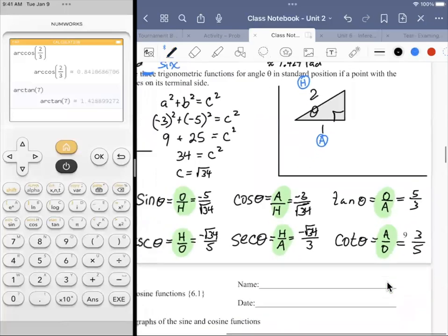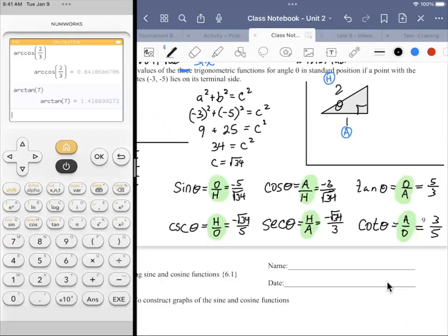So I'd look at all my ratios and say, okay, which ones have adjacent and hypotenuse in them? I could make a case that it's the cosine function, cosine of theta would be equal to 1 over 2. Or I could say secant theta is equal to 2 over 1.